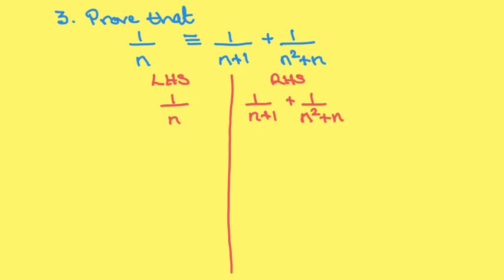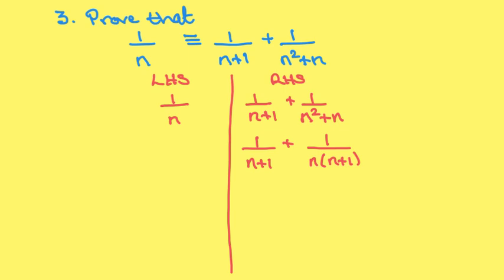So I need a common denominator. So the first thing I'm going to do is factorize the second fraction. So I've still got 1 over n plus 1, plus 1 over n(n + 1). Now I need the common denominator.